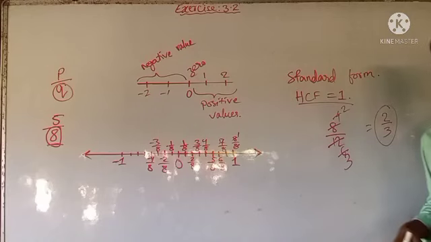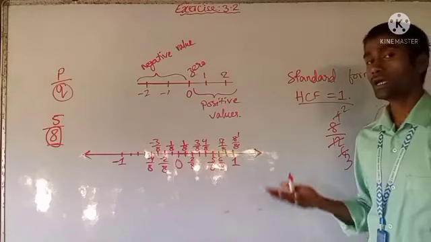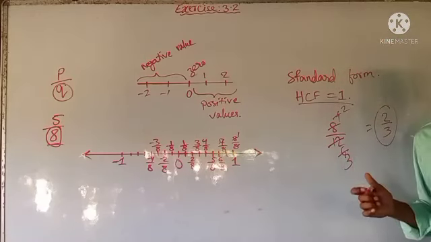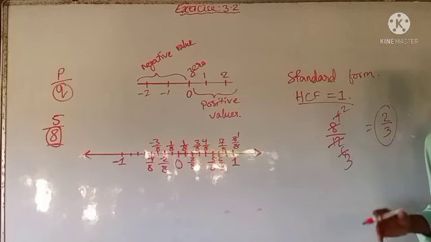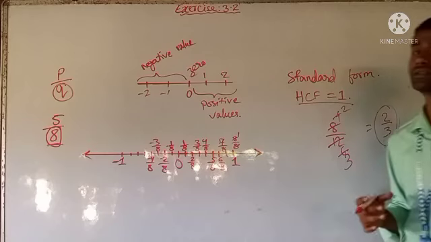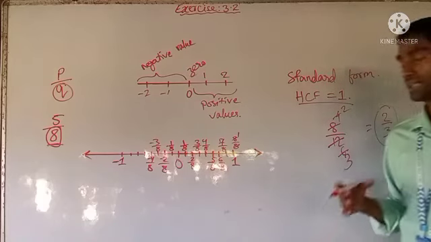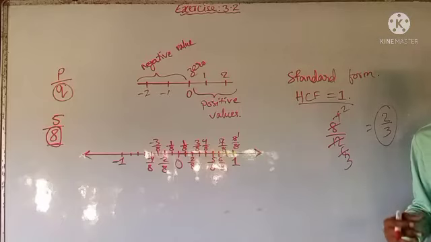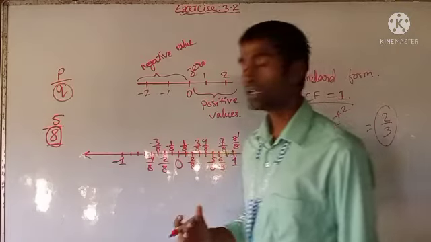The next thing that we are going to discuss is equivalent fractions. If the lowest form, that means the standard form, of two rational numbers is the same, then we can say that those rational numbers are equivalent. We can obtain an equivalent rational number by dividing or by multiplying.